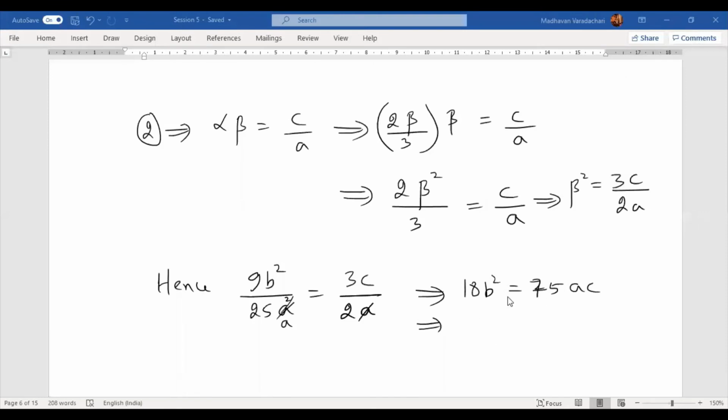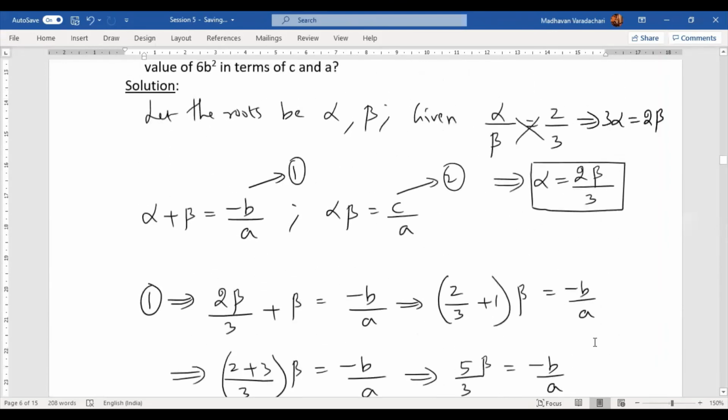Now, if I divide both sides by 3, we will have 6 times b square is equal to 25 times AC. That means 6b square is nothing but 25 times AC.